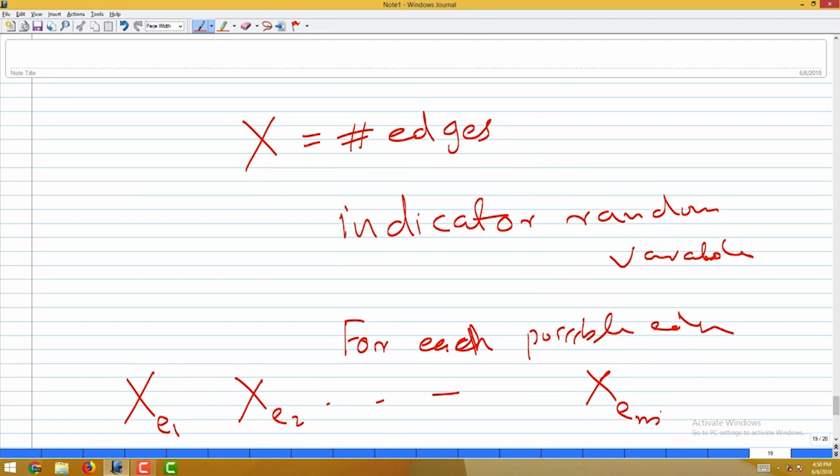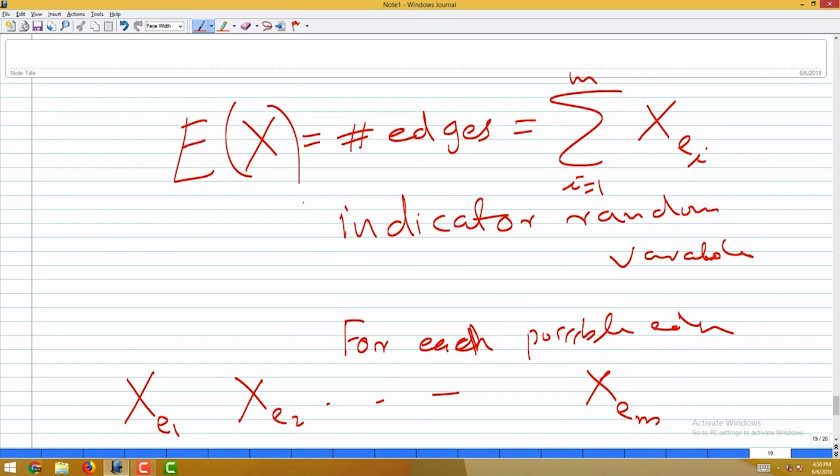So, xe1, xe2, like that up to xem, I can define an indicator random variable. This indicator random variable will take only two possible values, namely 1 or 0. If it takes 1, that means that edge appears, otherwise it is 0. It indicates whether the edge is there or not. Now, you know x is equal to the sum of these xei's, i equal to 1 to m, because if it is 0, it is not counting that edge, and if it is 1, it is counting that edge.